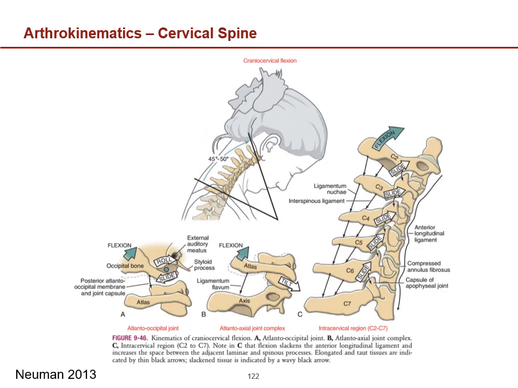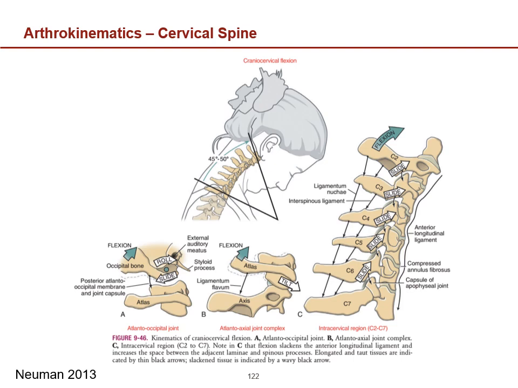Okay, considering the opposite motion of flexion, once again, we'll look at the OA joint, the AA joint, and the intracervical regions of C2 through C7. So at the OA joint, there's going to be a roll in the same direction as the motion. So the condyle is going to roll anteriorly while it slides along the atlas posteriorly. In the B figure, you can see that there's an ipsilateral tilt of the atlas to the axis.